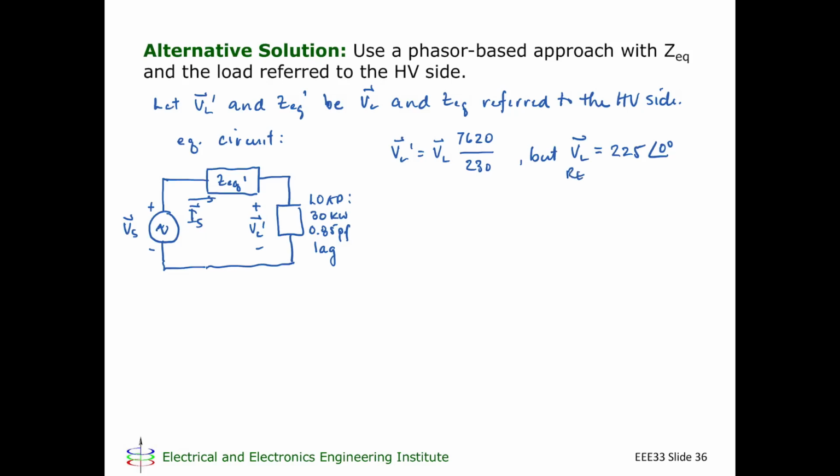This is our reference phasor. So I'm going to get V_L prime is equal to 7454.35 at an angle 0 degrees.